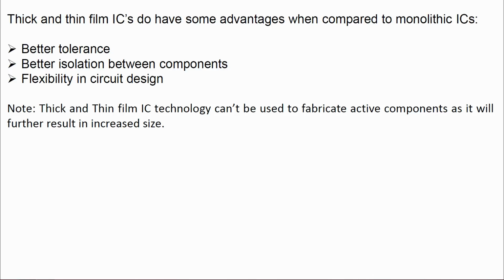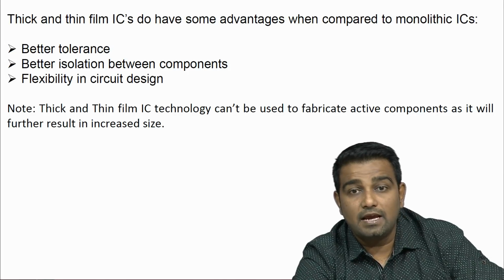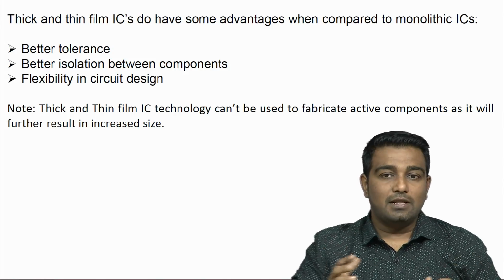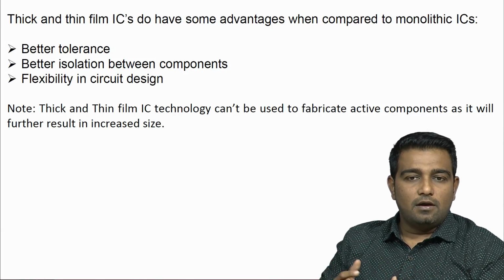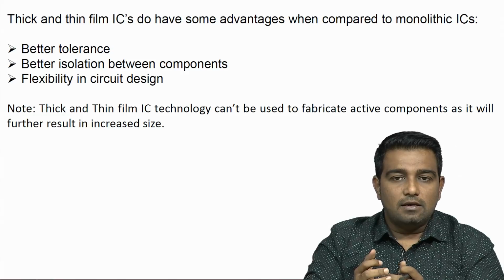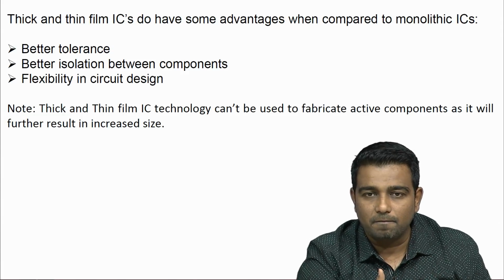Some advantages over the monolithic ICs are better tolerance, better isolation between components, flexibility in circuit design. You see, when we were using monolithic integrated circuits, the flexibility was an issue. Here we can design the thin and thick film ICs on a flexible substrate. That is the advantage, because suppose you want to develop a flexible sensor, an example is an electronic skin, right.